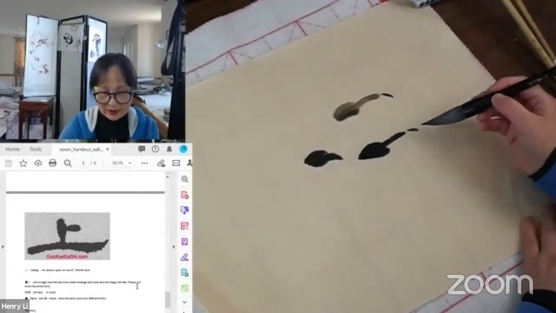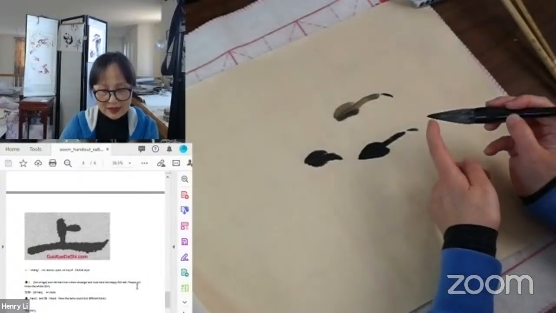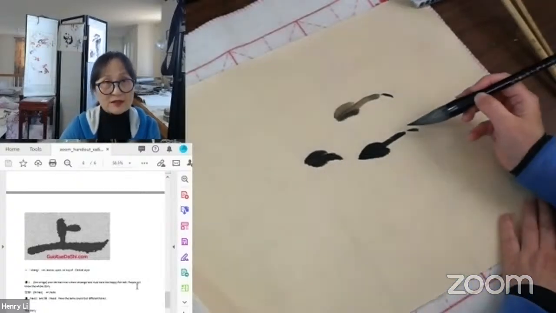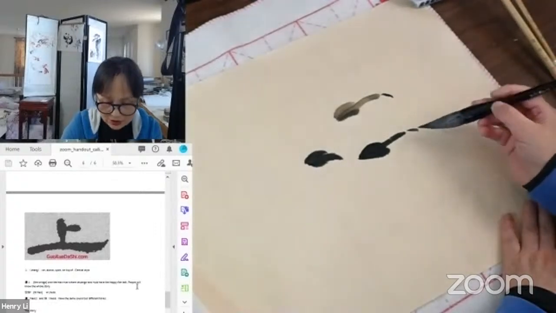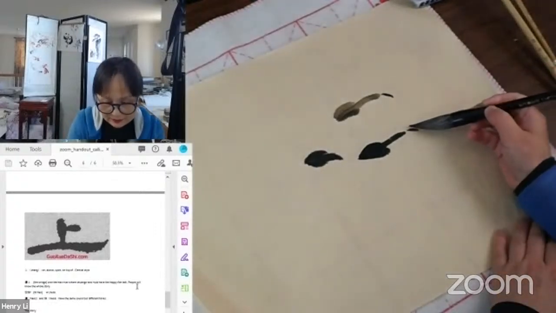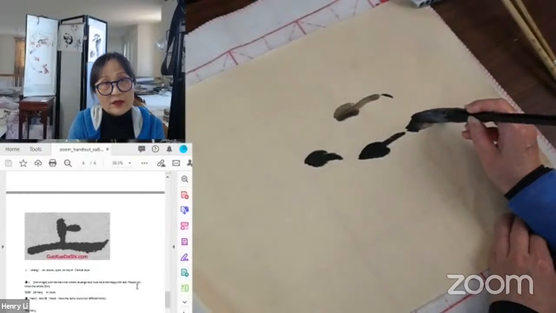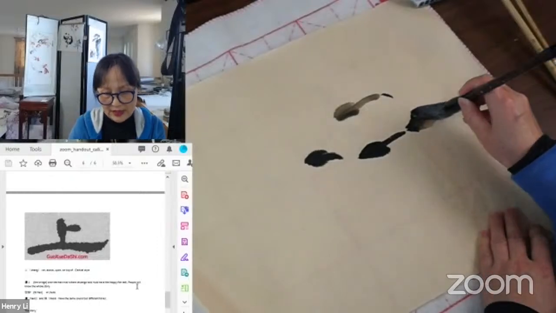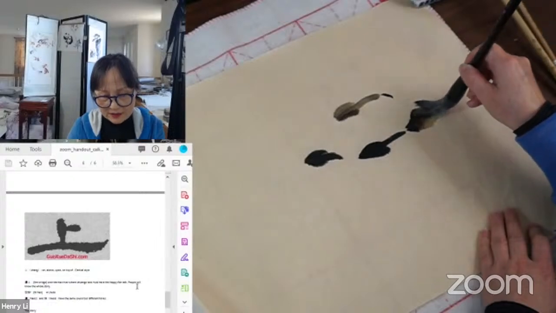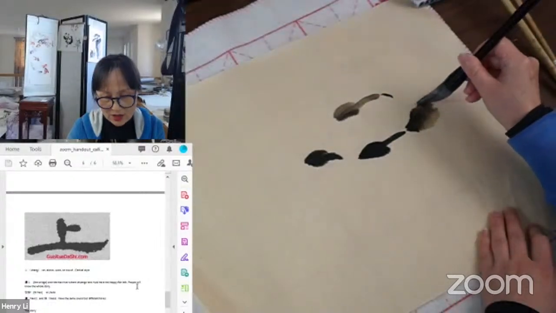How to do the tail? Remember, the tip is dark on this side, right? So you do side press, side pull, and then lift along the dark.